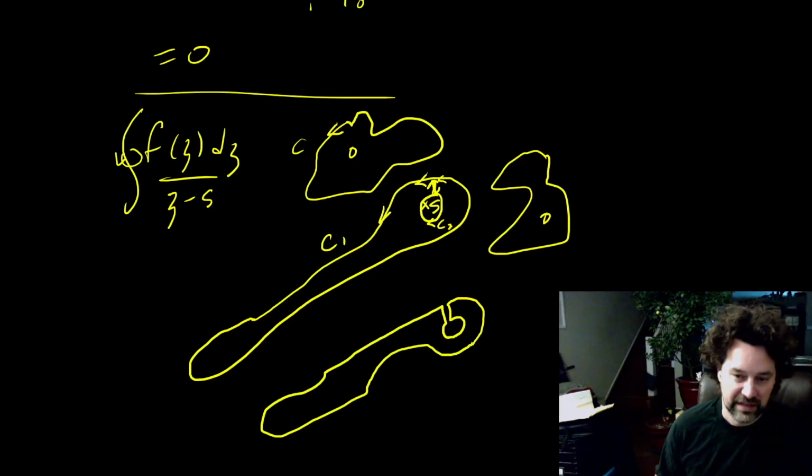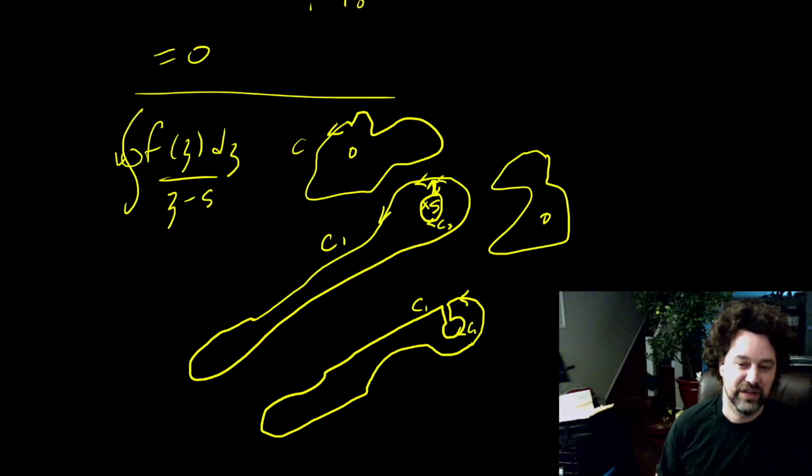This entire curve no longer surrounds any points that are non-analytic, and so that one is 0. Then we can say that the integral around C1 is minus the integral around C2.